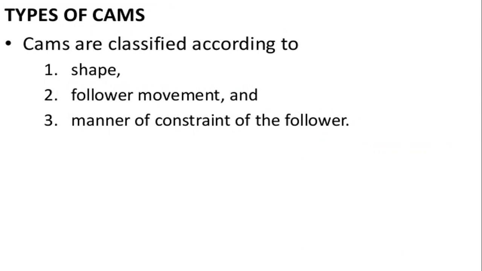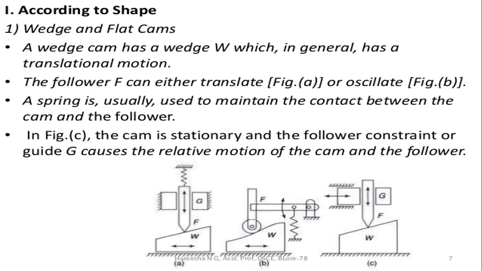So these are the three types of classification we have in the classification of cams. So let's see the first one, that is, according to the shape. According to the shape, it is divided into many types.